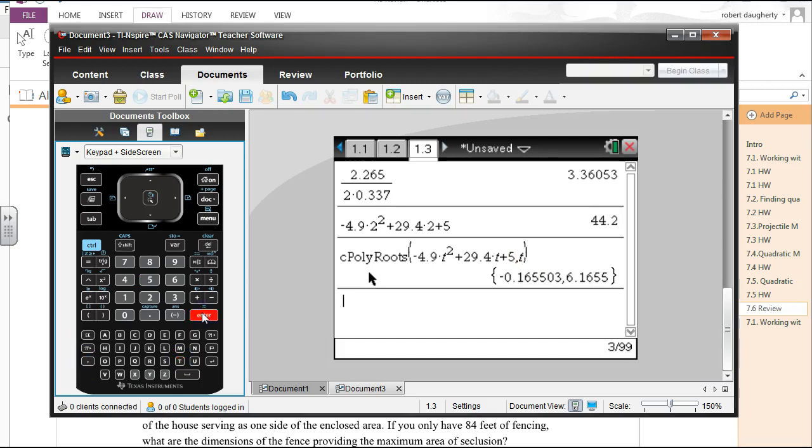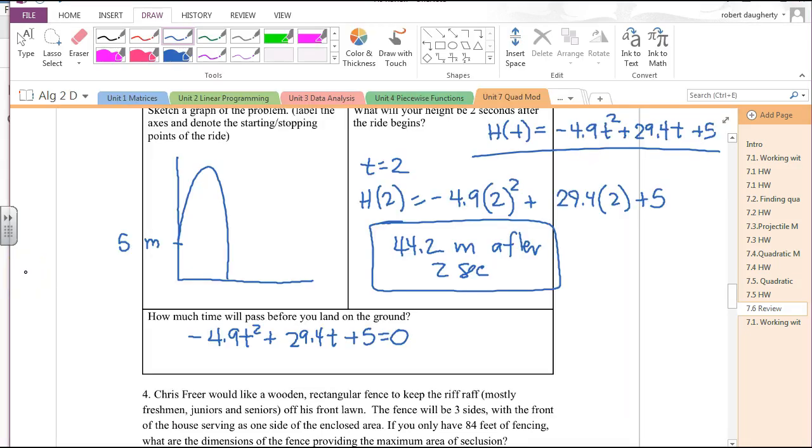Solve that for t. I get two numbers, negative 0.16 and 6.16. What makes sense in the context of this problem is the 6.16. So you're going to hit the ground after 6.16 seconds.